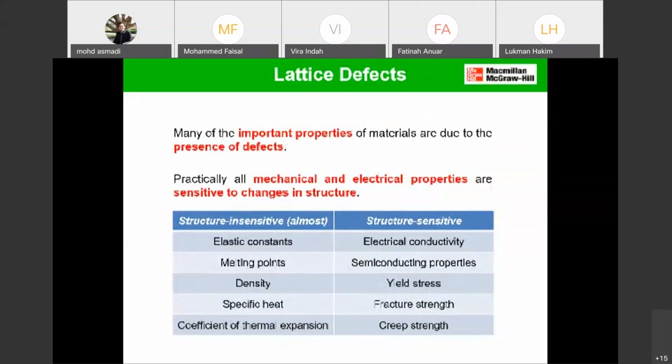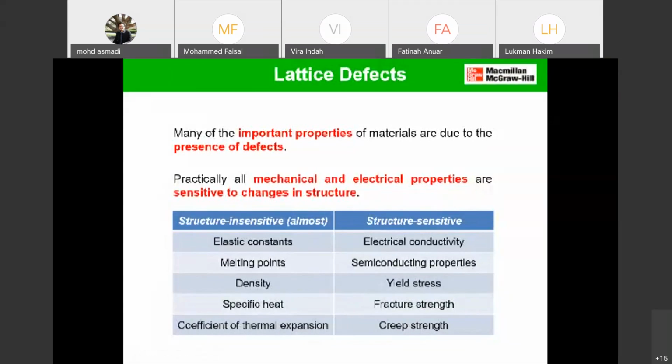If you look at the table below, the structure-insensitive properties we can observe are the elastic constants, melting point, density, specific heat, as well as thermal expansion coefficients.